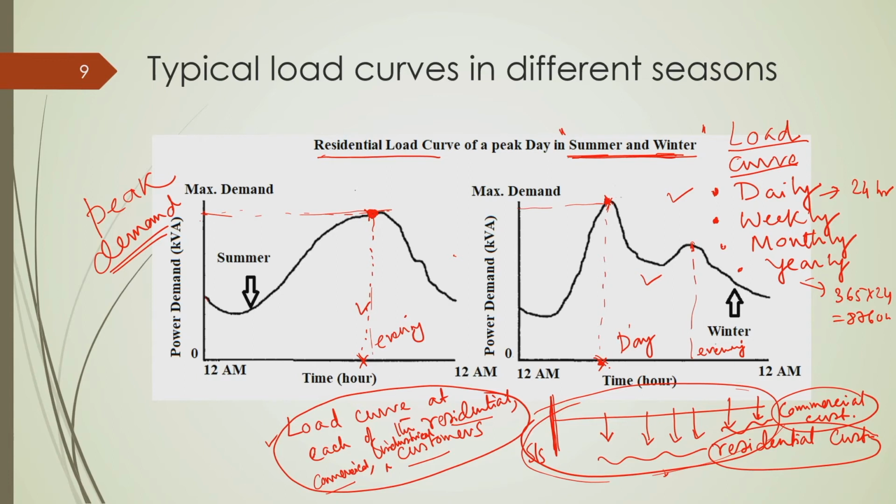So, what we can understand from this is, one is called peak demand from the load curve. This is the maximum demand corresponding to the load curve. Also, these characteristics we are talking about are basically aggregated characteristics corresponding to a number of customers under a particular service territory, under a particular distribution network.